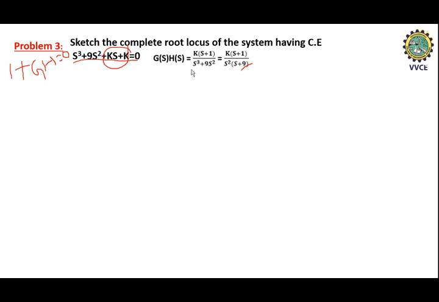Always, while finding the roots for the root locus, keep the given transfer function in open loop transfer function form, not in terms of the characteristic equation. Remember that. The first step is to count the number of poles and zeros from this function.